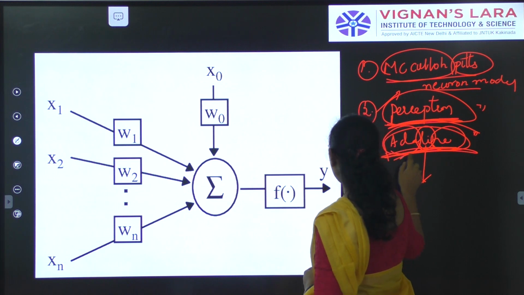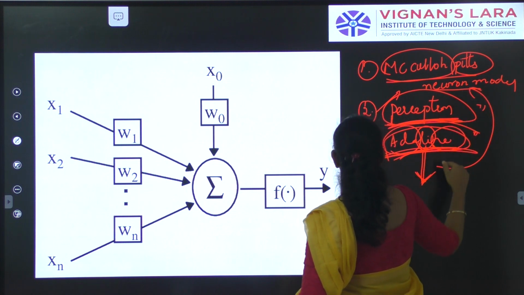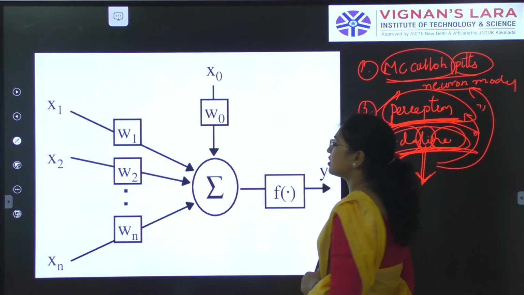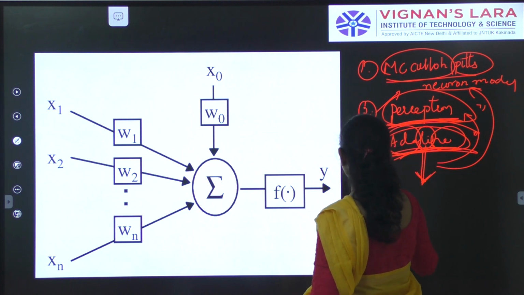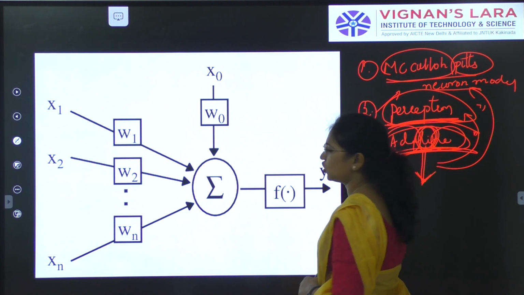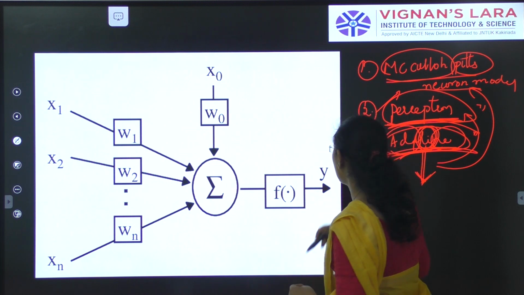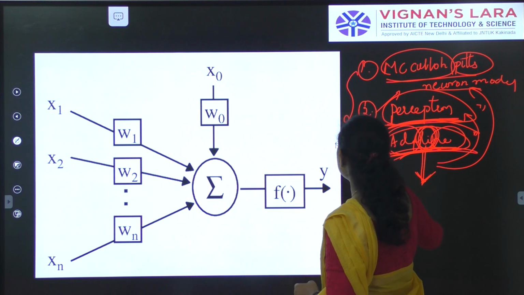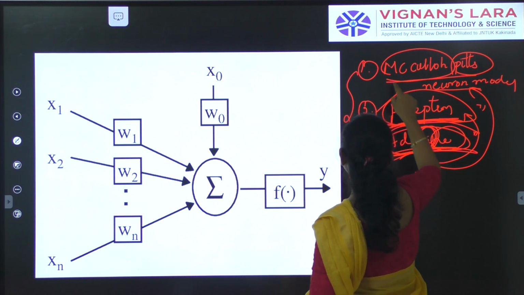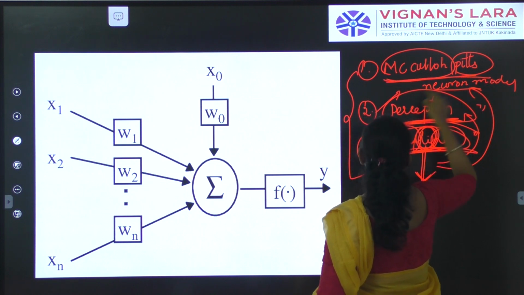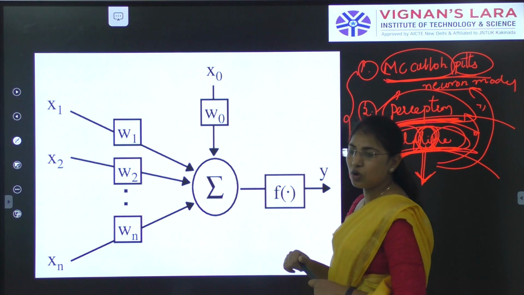So this Adaline neural network structure is same as McCulloch-Pitts and training is same as perceptron neuron model, with the difference of linear activation function being used in Adaline. So these are the three basic types of artificial neural networks: McCulloch-Pitts neuron model, perceptron neuron model, and Adaline neuron model.